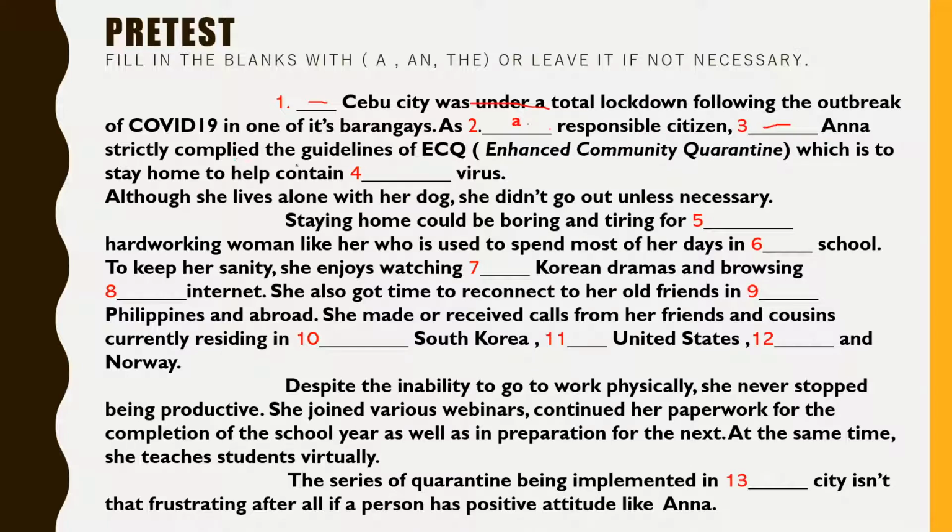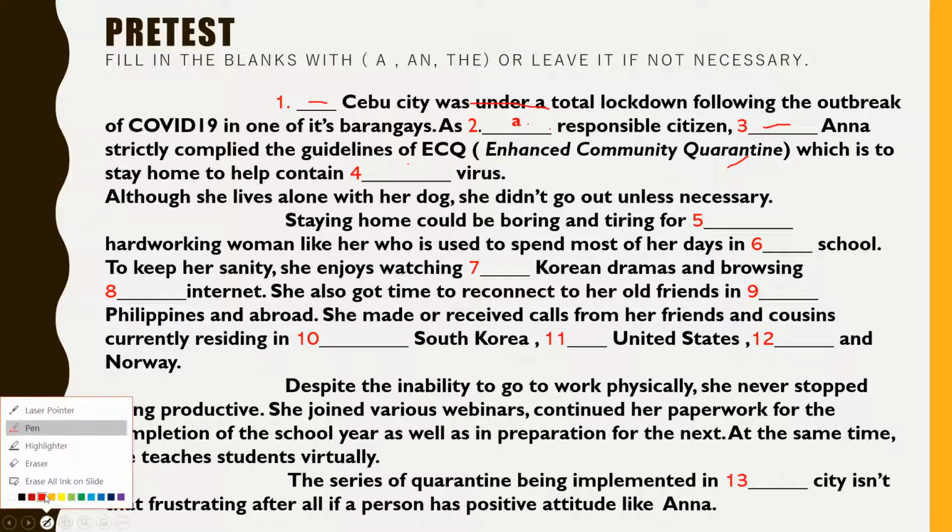Anna strictly complies with the guidelines of ECQ, Enhanced Community Quarantine, which is to stay home to help contain. What does it mean by contain?